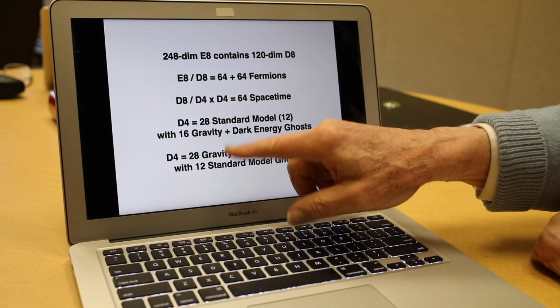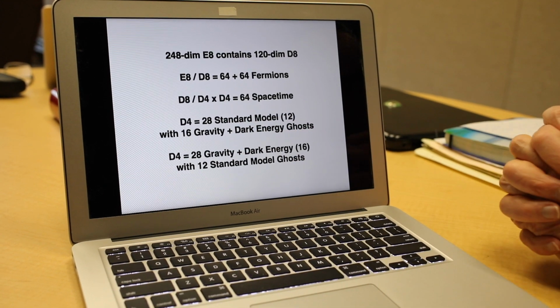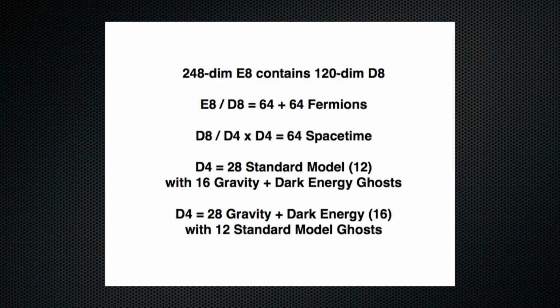And each D4 is 28-dimensional, and one has a standard model 12 gauge bosons with 16 ghosts, and the other has 16 gauge bosons with 12 standard model ghosts. So the function of ghosts in my model is to link the two pieces of D4, or in fact, link the two 600-cells that make up the Witting polytope of E8.